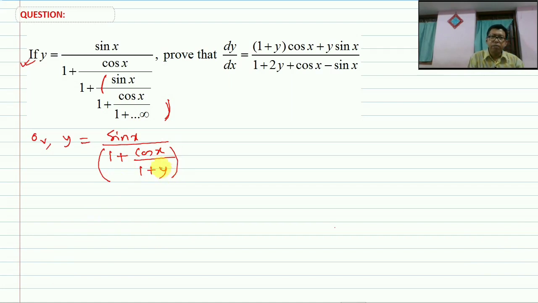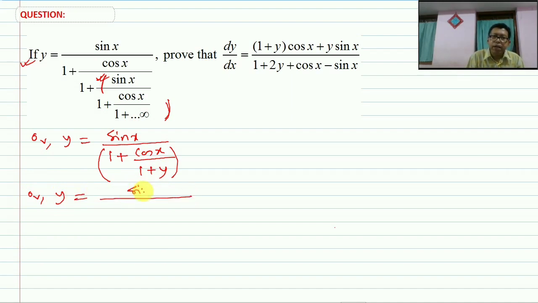This is a very interesting question and it comes in your exam also. Again I repeat, sin x divided by 1 plus cos x divided by 1 plus sin x. That means after this part the terms are as usual the given function. So this part is substituted by the original function y, so that you can now make an LCM here.